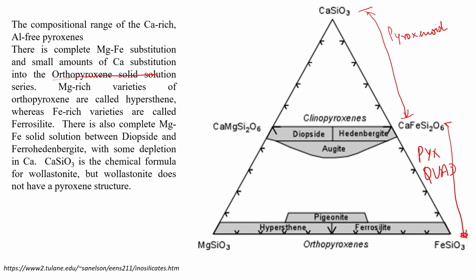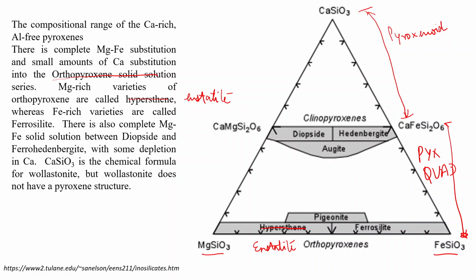So over here you can see that from Mg to Fe there is a complete solid solution or substitution, and sometimes there is small calcium substitution also. Mg rich varieties of orthopyroxene, this is written a bit wrong over here, it will be enstatite, and then the Fe end is called ferrosilite.